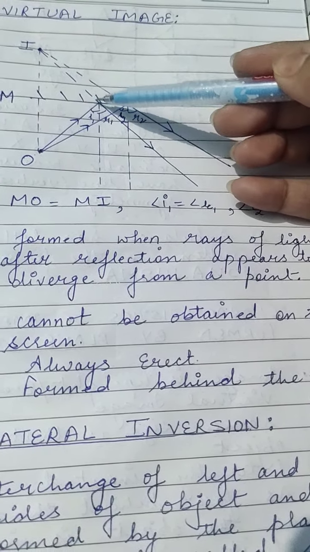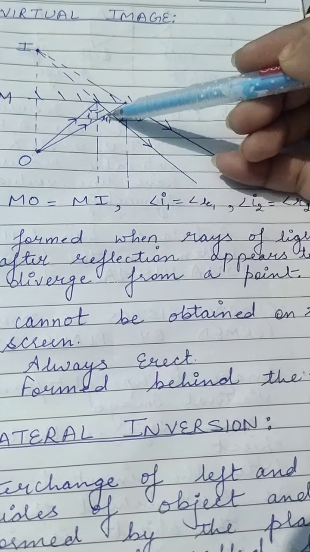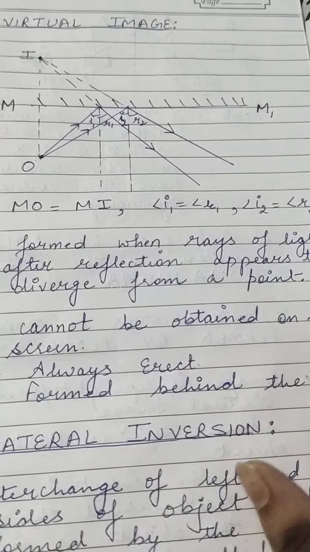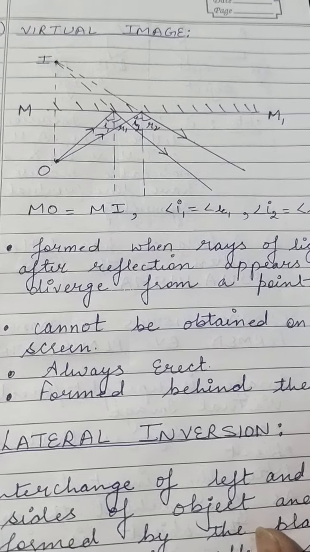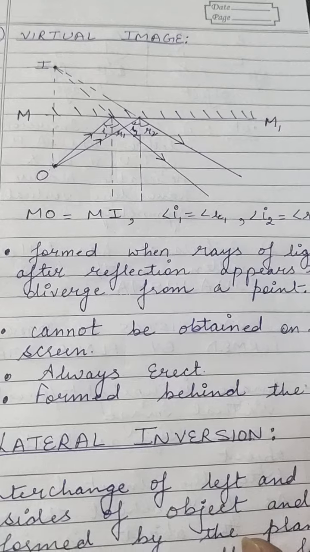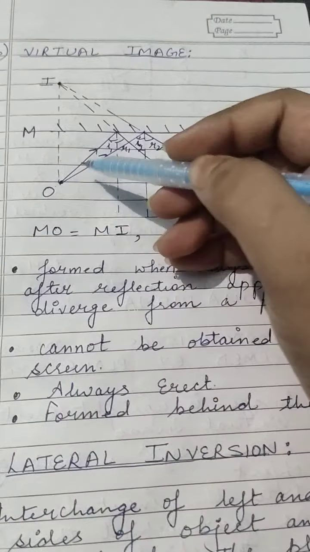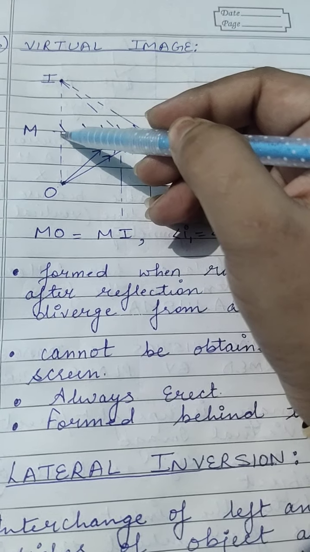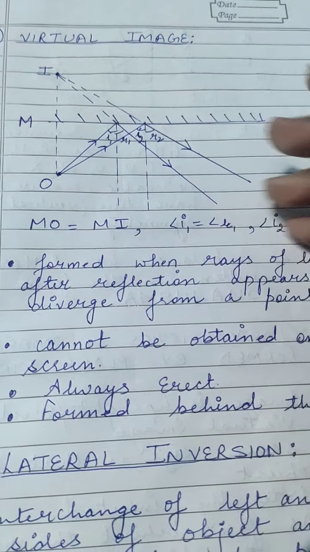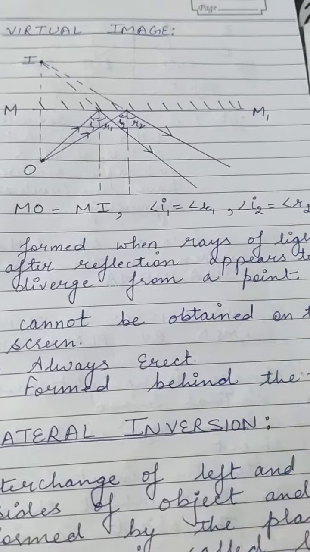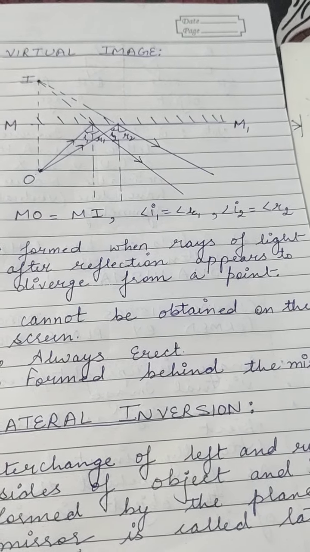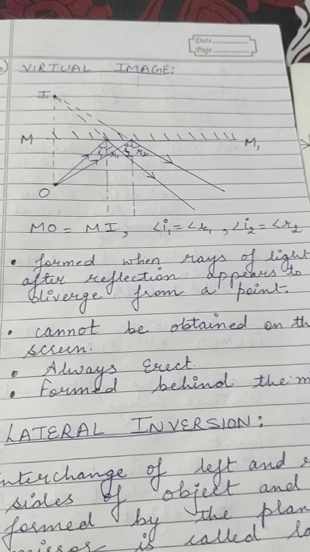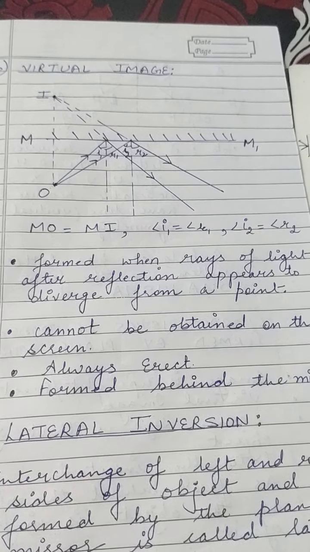You can't take this reflected ray here because if it bends, it is not the reflected ray and the diagram you are drawing will be considered as wrong. Then the distance between mirror and the object and mirror and the image should be the same. So you have to take these points into consideration whenever you are drawing the point object diagram.